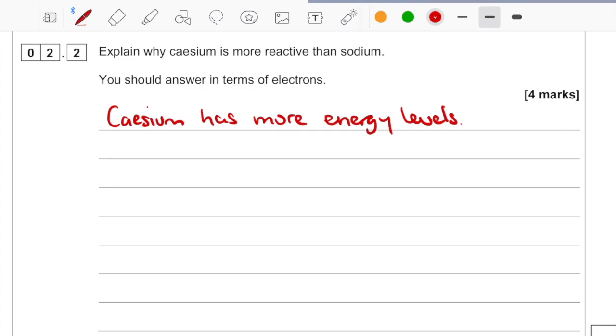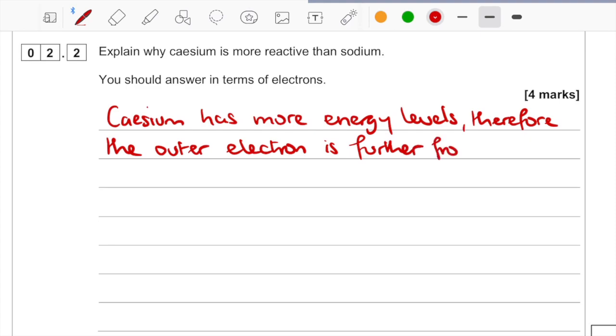What does that mean? It means, so therefore, the outer electron, the one that's going to be lost, is further from the nucleus. Okay, so what's the consequence of that? So we've got more shells, which means the outer electron is further away from the nucleus, which means there is a weaker attraction.